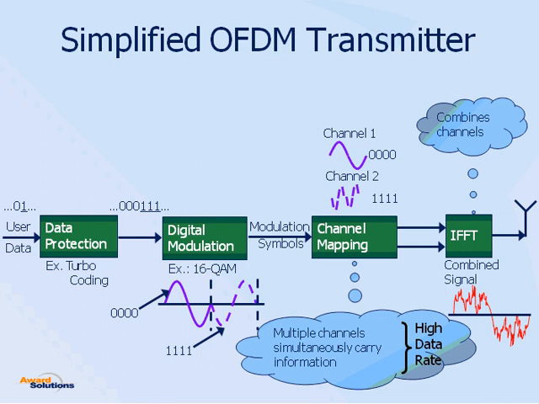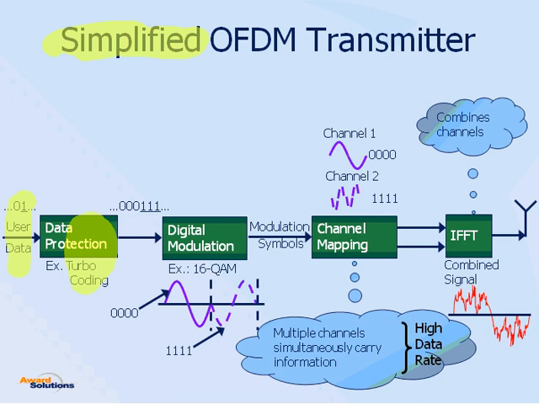Okay. So let's see the transmitter. Now we'll see how the OFDM transmitter and receiver work. So we have some user data. Again, this is a simplified version. We do the data protection, basically adding some redundancy, such as through turbo coding.